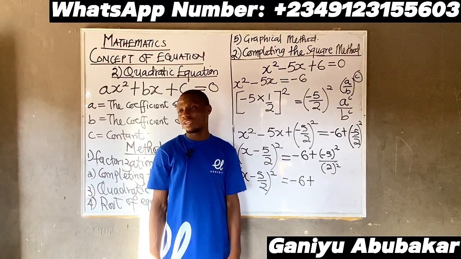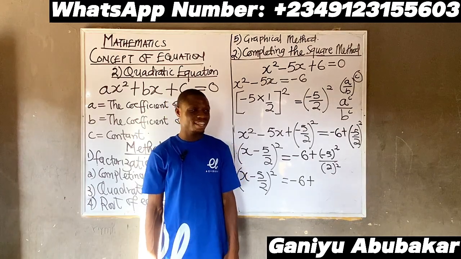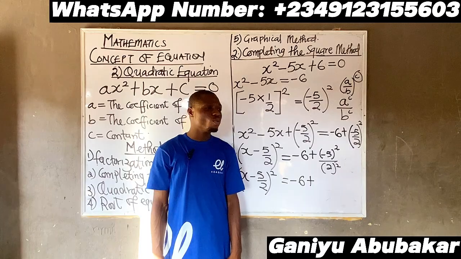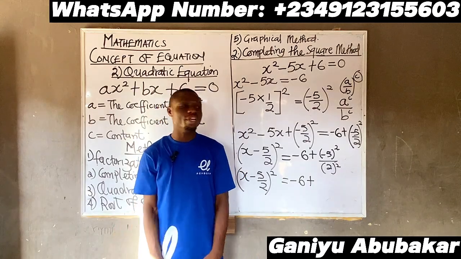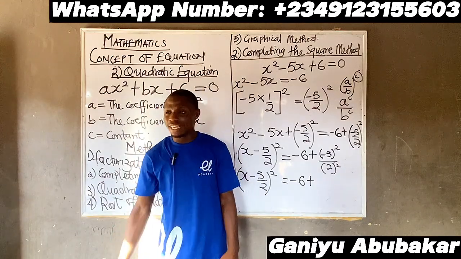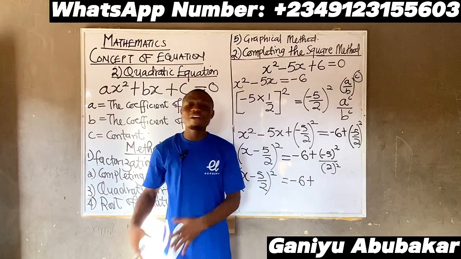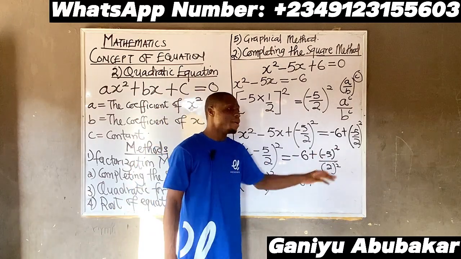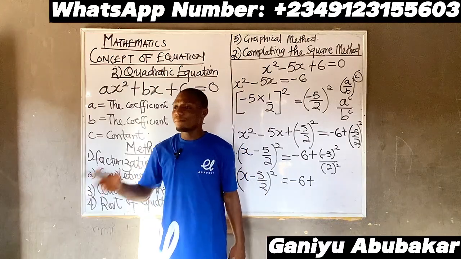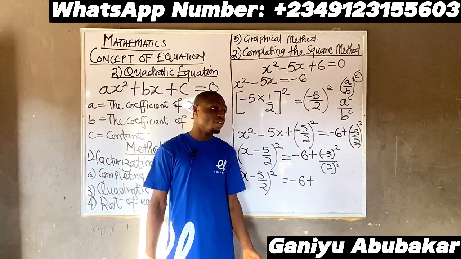What's a squared? 2a means a plus a. a squared is a times a. 5 squared is 5 times 5. So what's minus 5 squared? Minus 5 times minus 5.